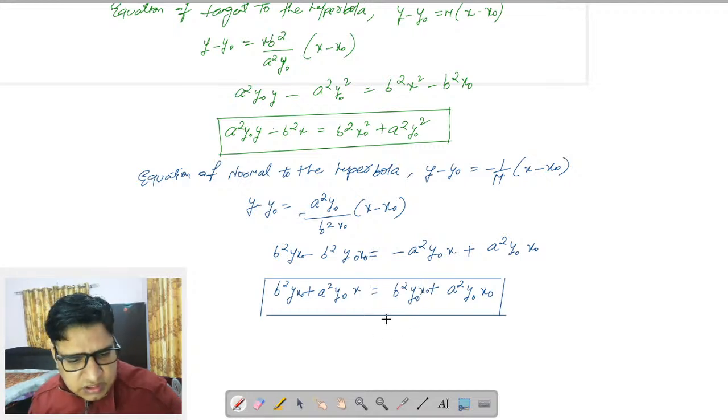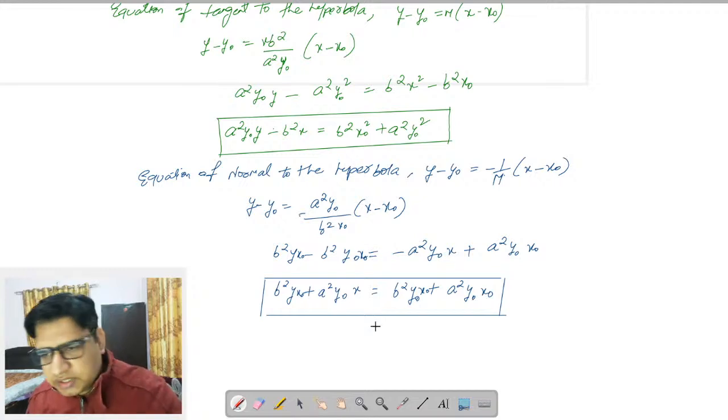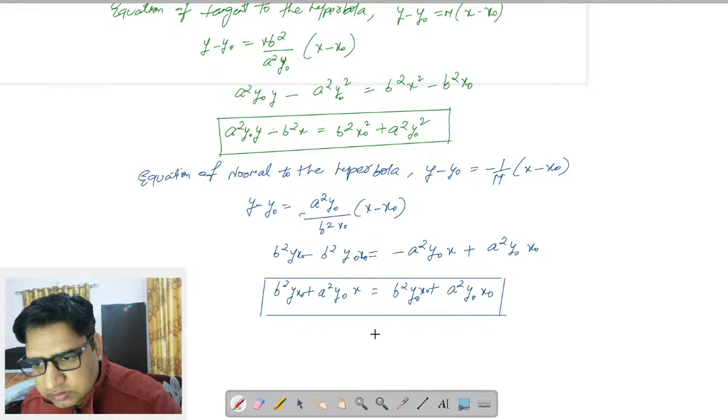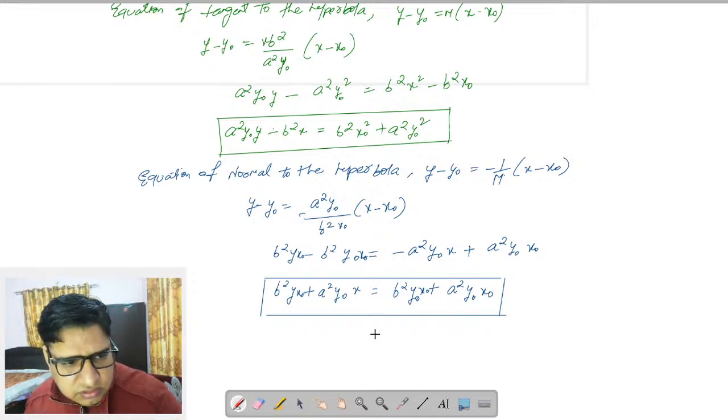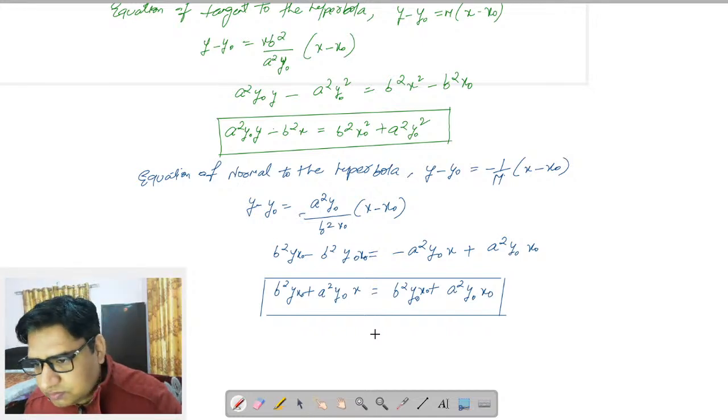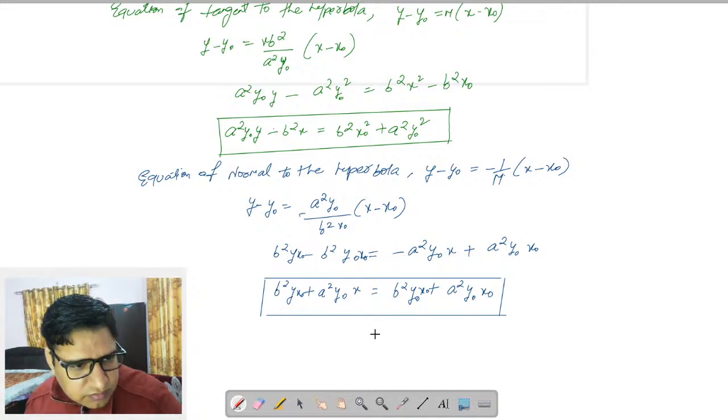Okay, this is how it will be. So b square x naught times y minus y naught minus a square y naught times x minus x naught.